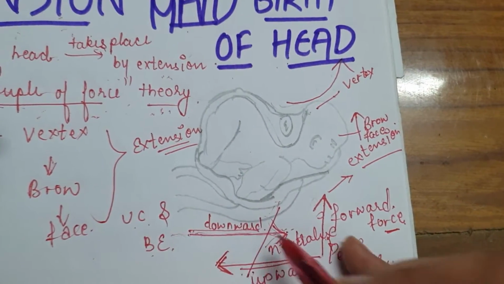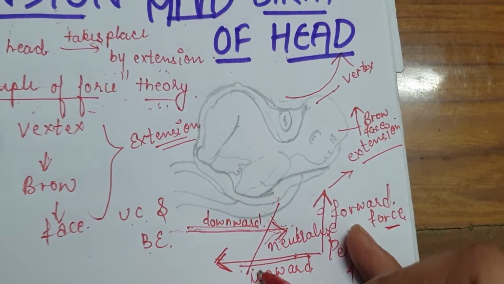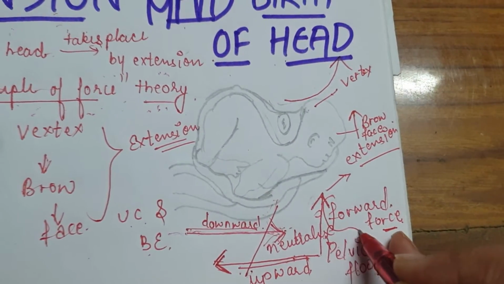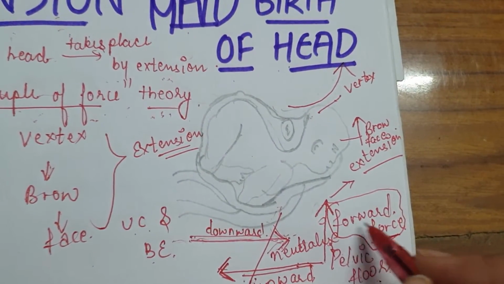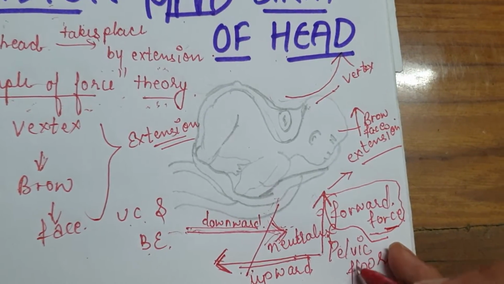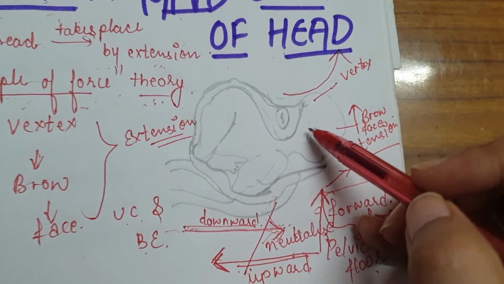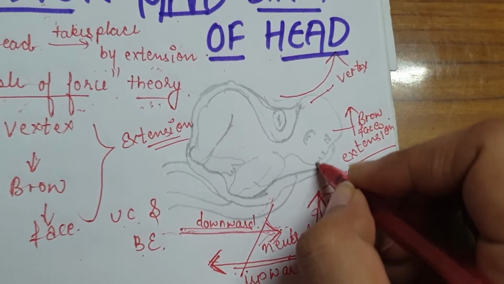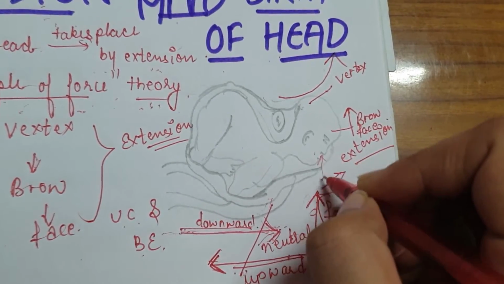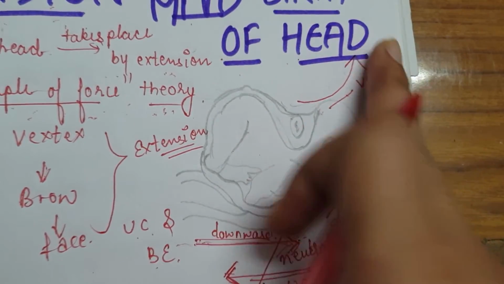So the downward and the upward force are neutralized, and the remainder is forward thrust or forward force. So due to the forward force applied by the pelvic floor, the head of the baby is born with extension. So when the force is applied by the pelvic floor here, it pushes the baby like this.